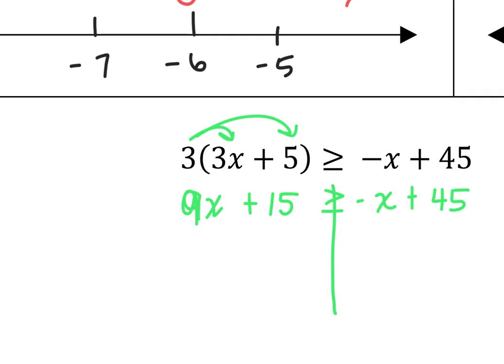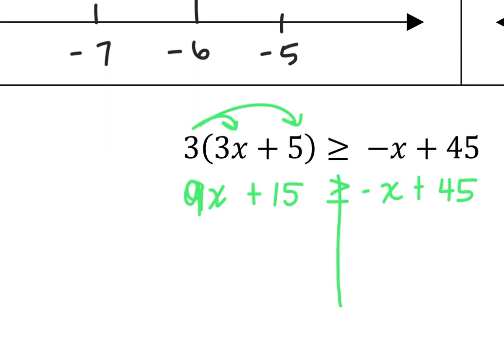This is the first one where now we have x's on both sides of the inequality. So we need to collect all of our x's to the same side. And again, I like to always come to the left on an inequality so that my final answer will always be x is something. So since it's a negative x over here, how do I move it to the other side? Add it.